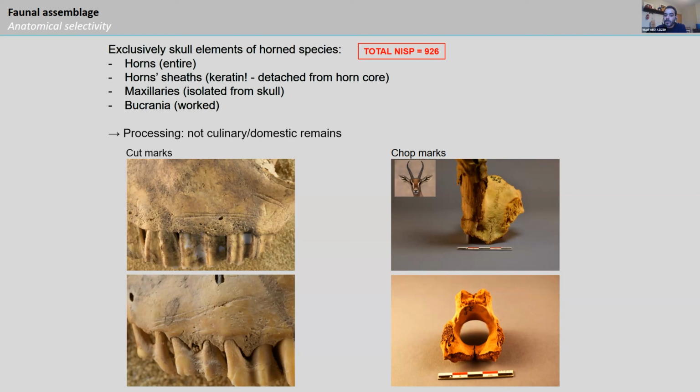The separation of the sheath from the horn core, for instance, is a complex and time-consuming task, which requires storing the horns for some period of time and/or boiling them for hours to be able to remove the sheath from the horn core. In other words, these faunal remains involve specific, complex preparation, and I will come back to this later on.